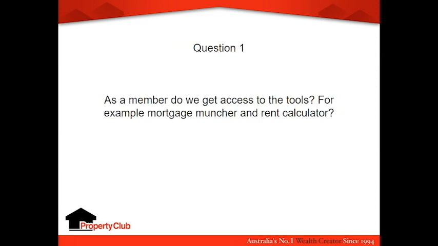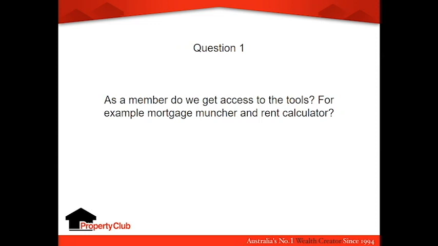So one of the first questions is, and this is a series that I'm running on, is with the Property Club tools. And we've got many tools available with club members, and one of the most common questions we get is, guys, can I please grab a copy of that Excel sheet so I can use it on my computer and work through my options?